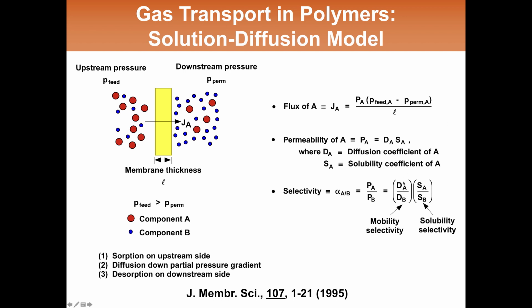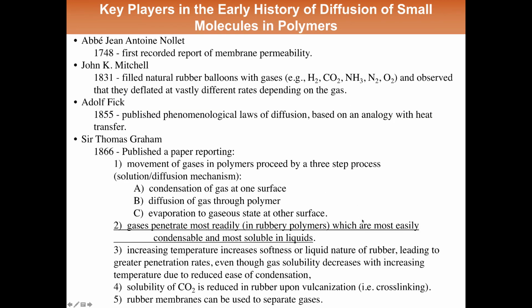We do that by changing the backbone chemistry that changes the open space in the polymer or changes the molecular motion of the polymer, or by putting chemical groups on the polymer that either act to enhance or retard the solubility of one component over another.